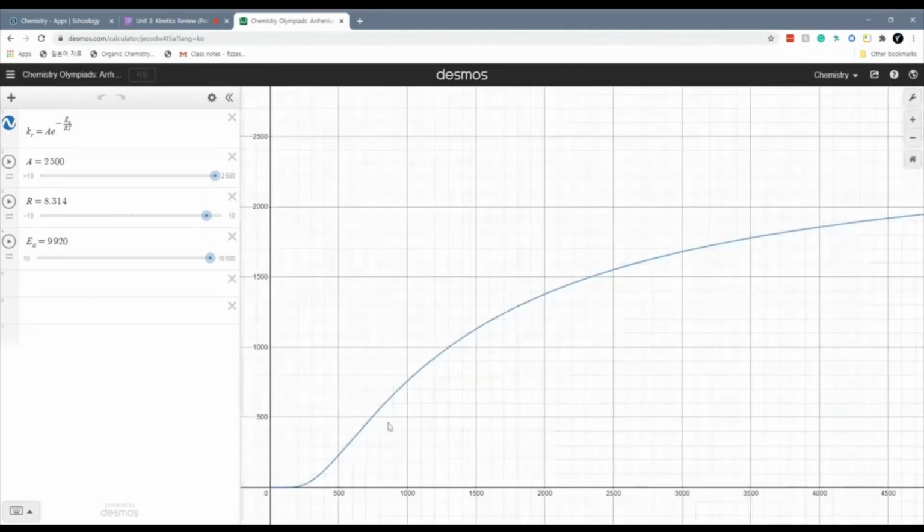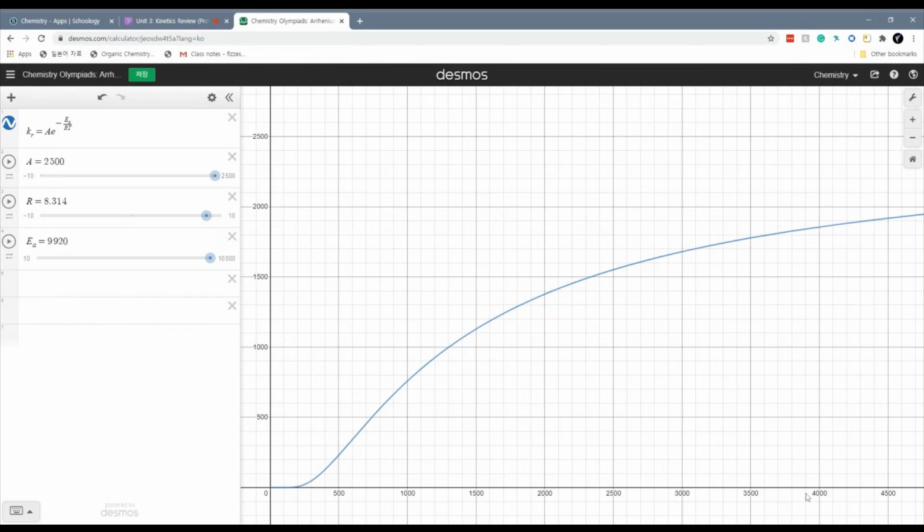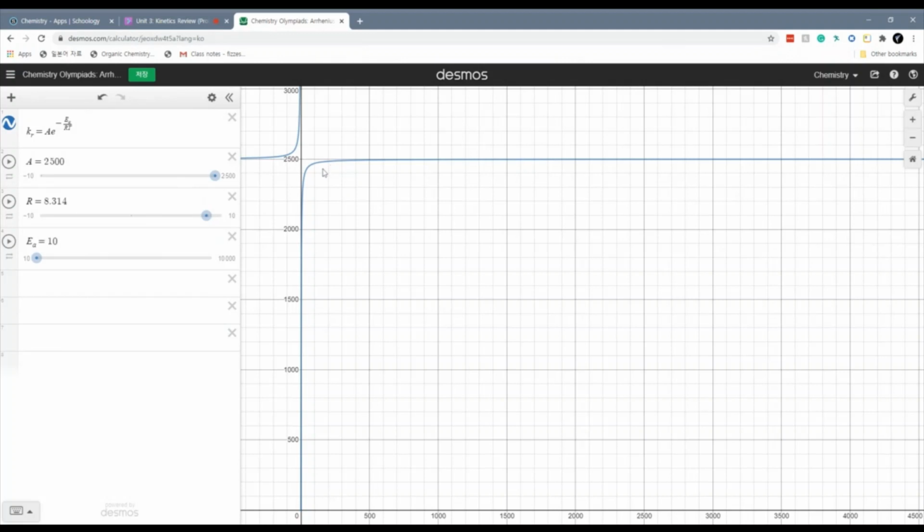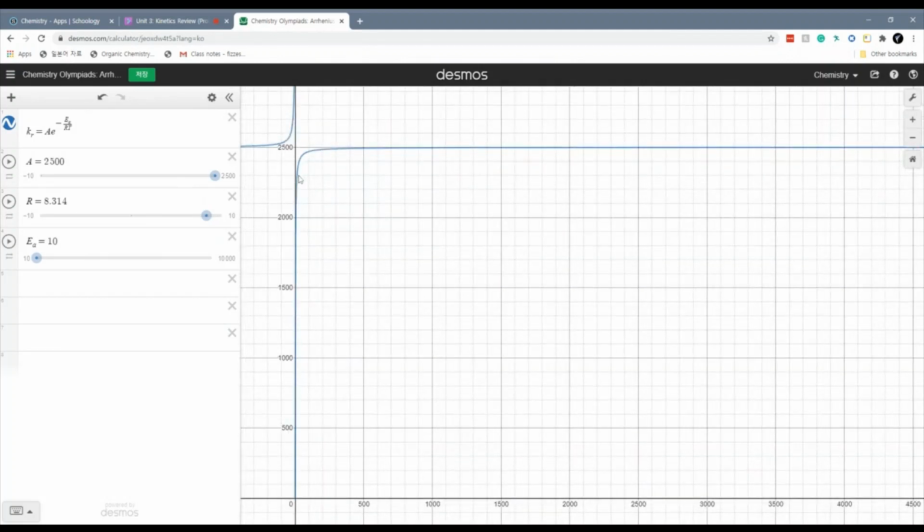So this is the Arrhenius equation where this A, which we like to call the pre-exponential factor or the collision factor, is equal to 2,500. I set that constant just so that I could visualize this. In this case, the x-axis is temperature, and the y-axis is the rate constant. As you can see, at an activation energy of 10 kilojoules, as temperature increases, besides this very small hump where it drastically increases, it basically stays constant.